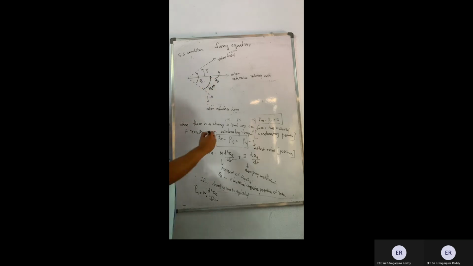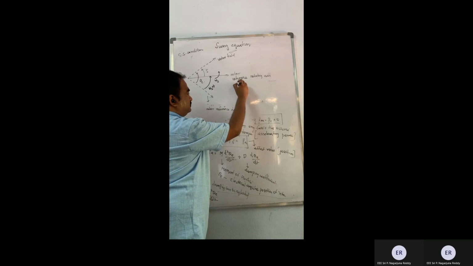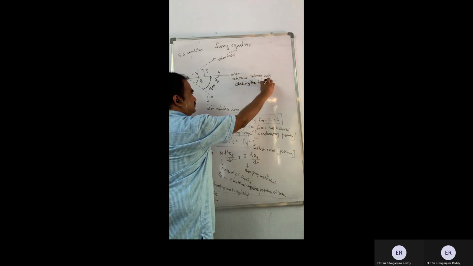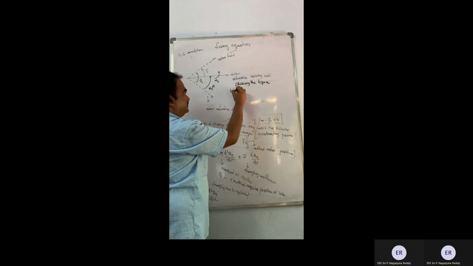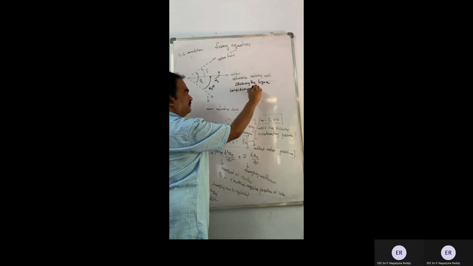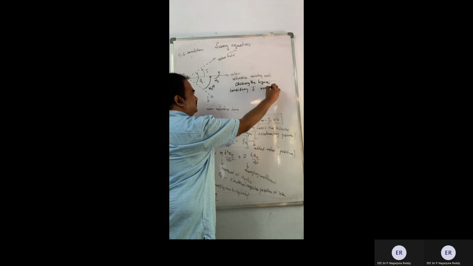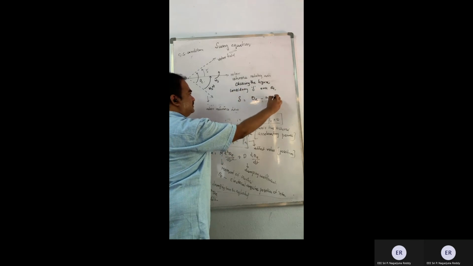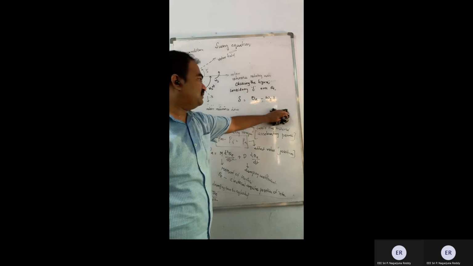So now what is delta? Observing the figure, preferring delta over theta e, the relation is delta is equal to theta e minus omega s into t. Isn't it? This is the relation between these. What I have done is, instead of considering the regular reference axis, I have chosen the widely used rotating axis as a reference.